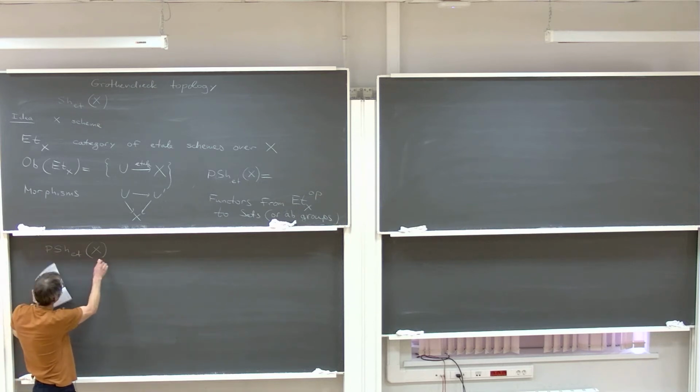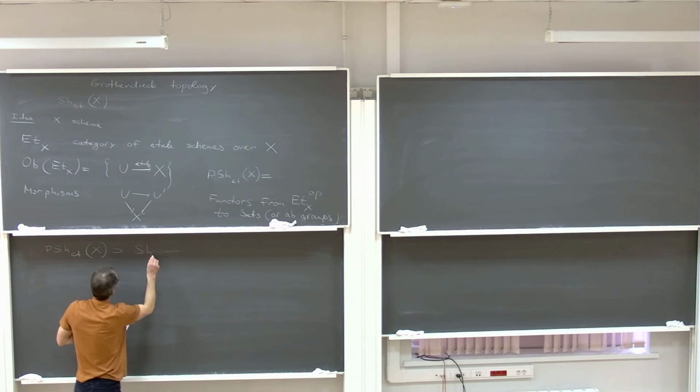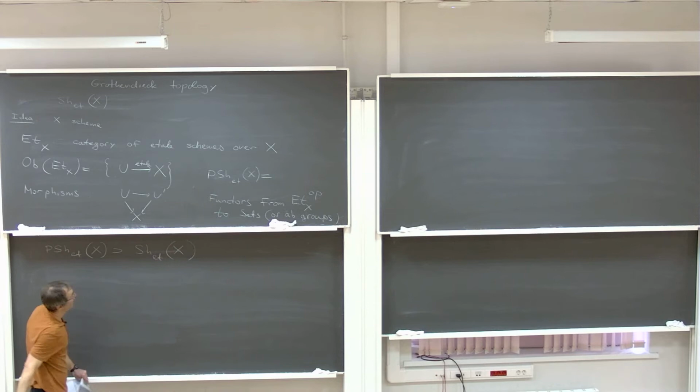In this category, we will have a full subcategory of presheaves that we call sheaves. This is the format of Grothendieck's definition.